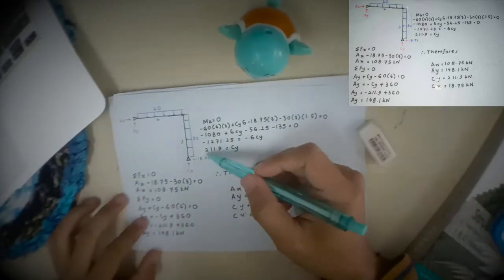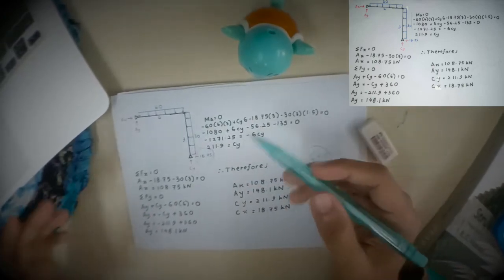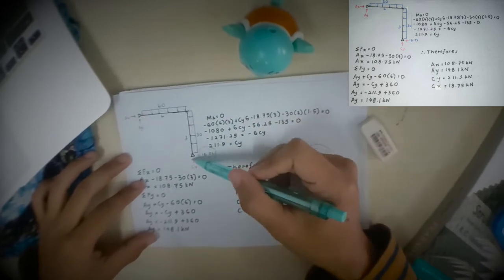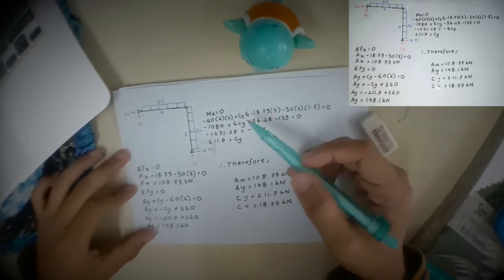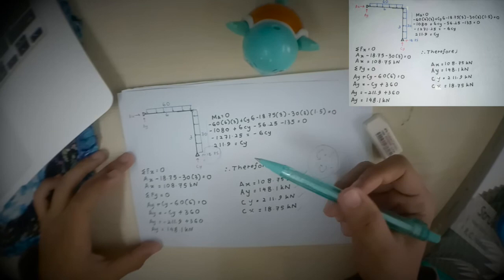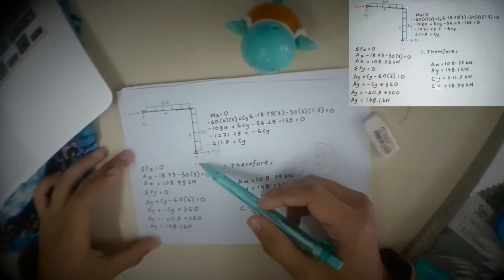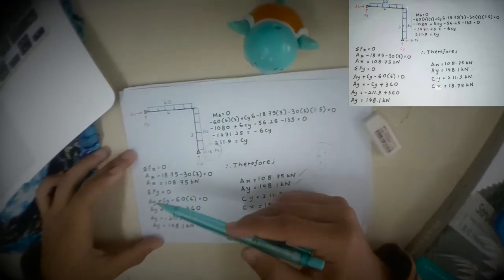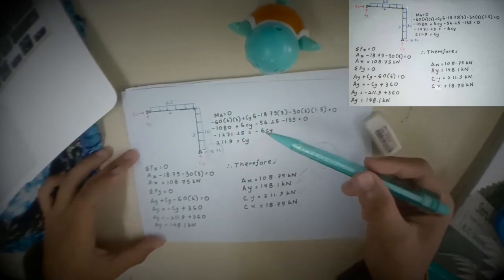As we found Cx 18.75, now we go to the original structure, where we have Cx here. We put back our redundant 18.75 and then we use the equilibrium equations to find the reactions at the original structure, using sum of Fx, sum of Fy equal to 0 and also the moment at A.